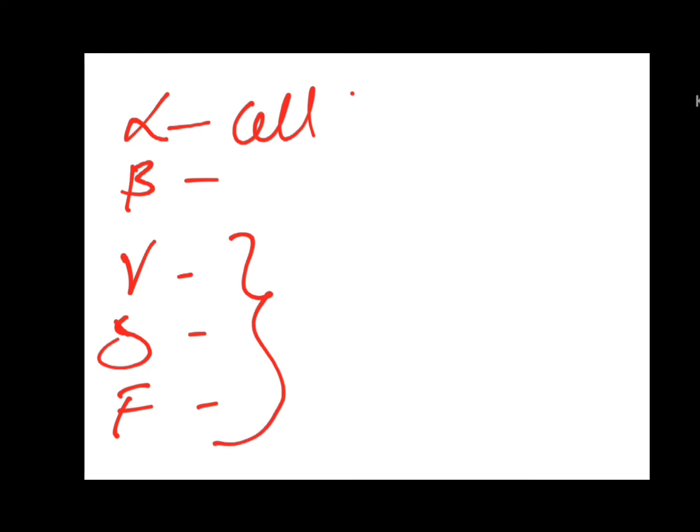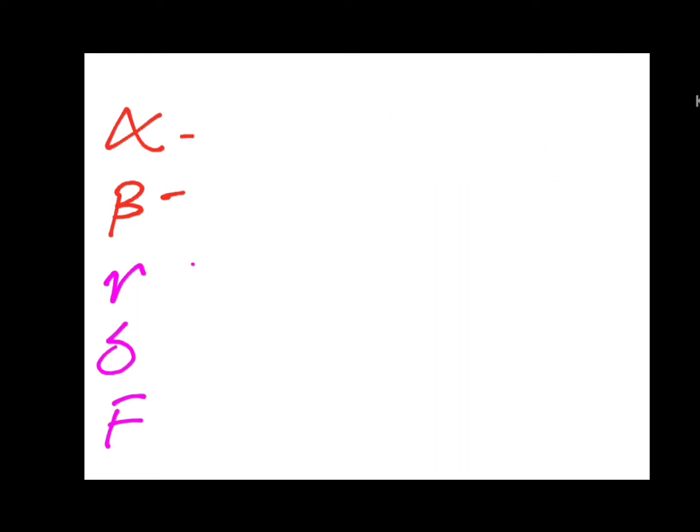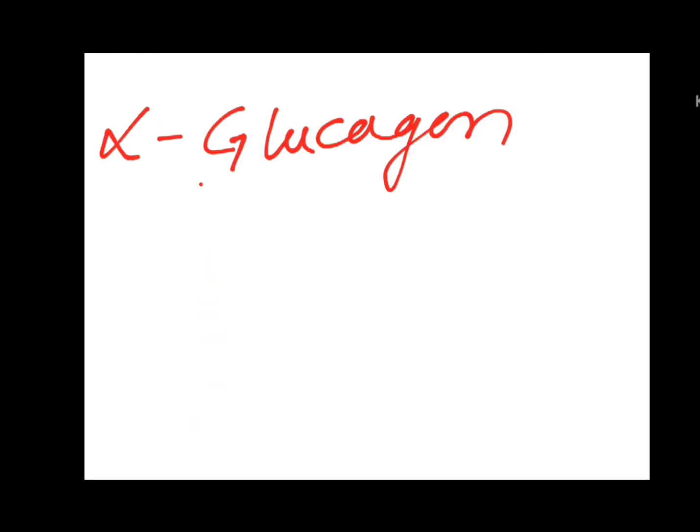If you are preparing for theory, you should remember both alpha and beta cells, which are produced by islets of Langerhans. I am representing gamma, delta and F cells in a different color because they are not in your syllabus, but they are important if you are preparing for NEET.